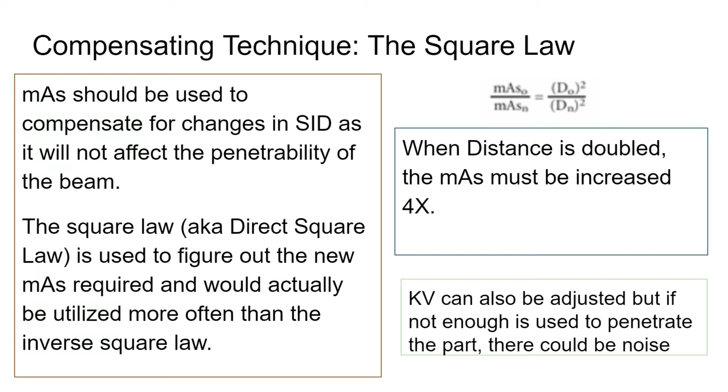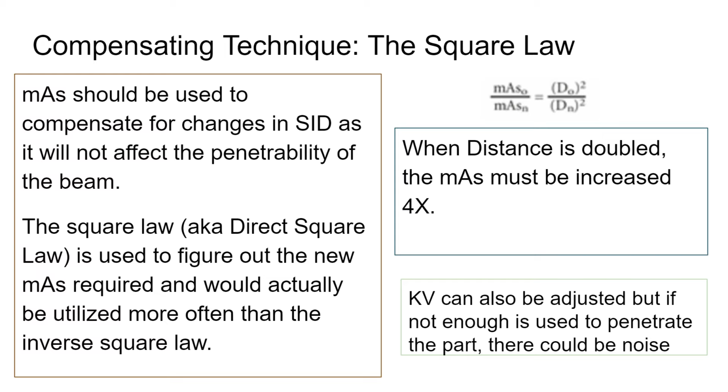So again, I don't really like their formula. They use O's and N's or whatever it is for new and old. I use 1s and 2s. So when I write this down, maybe I have a spot over here. I use mAs1 over mAs2 equals D1 squared over D2 squared.